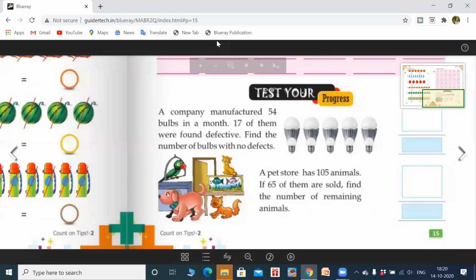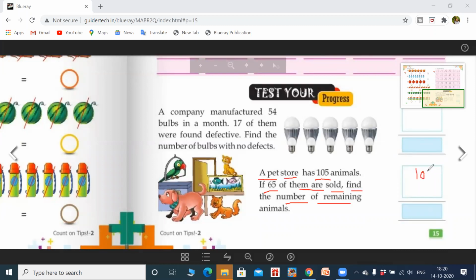Now see the next question. A pet store has 105 animals. If 65 of them are sold, find the number of remaining animals. If you sell 65, how many are left?